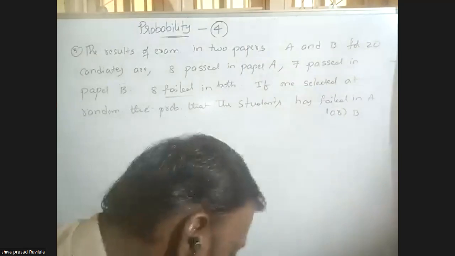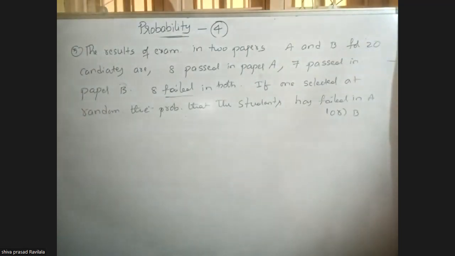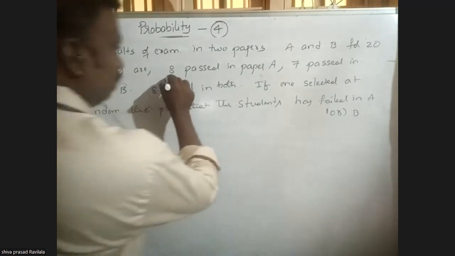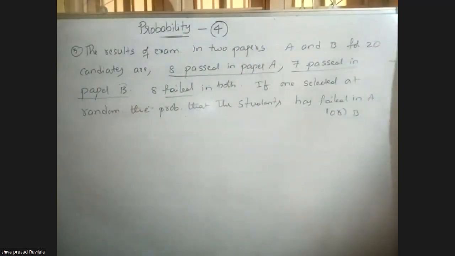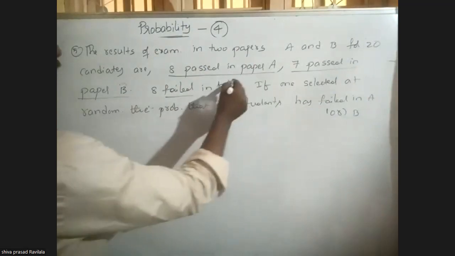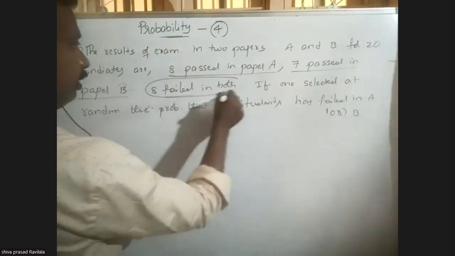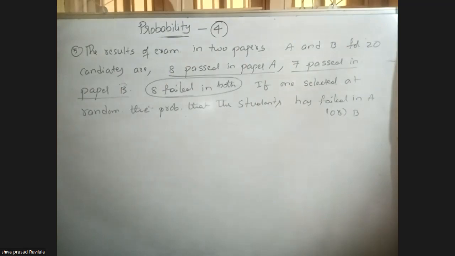Observe the question, very long question. The results of exam in 2 papers, capital A and B, for 20 students are 8 passed in paper A, 7 passed in paper B, and 8 failed in both paper A and B. If one is selected at random, the probability that the student has failed in A or B. We have to find what?